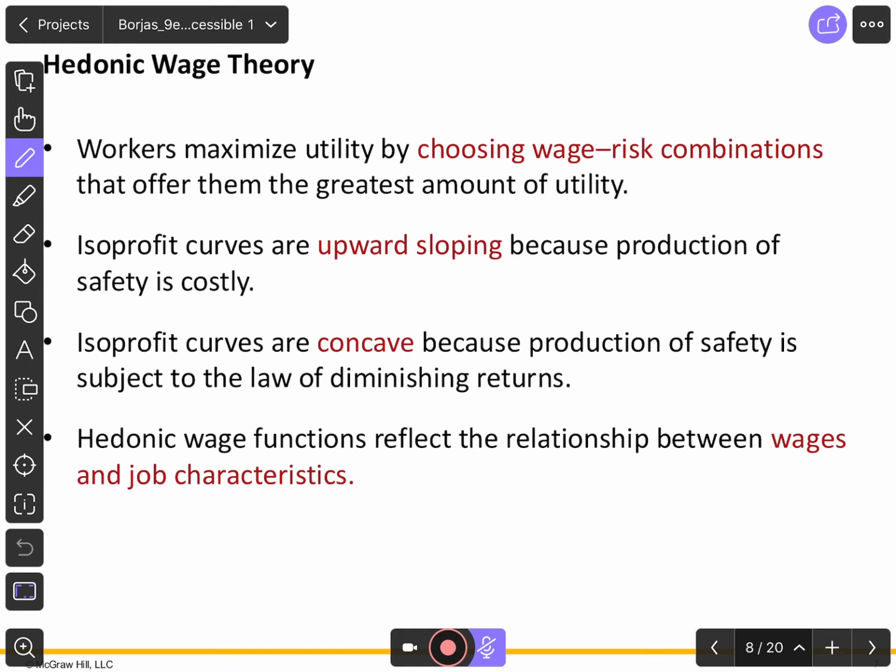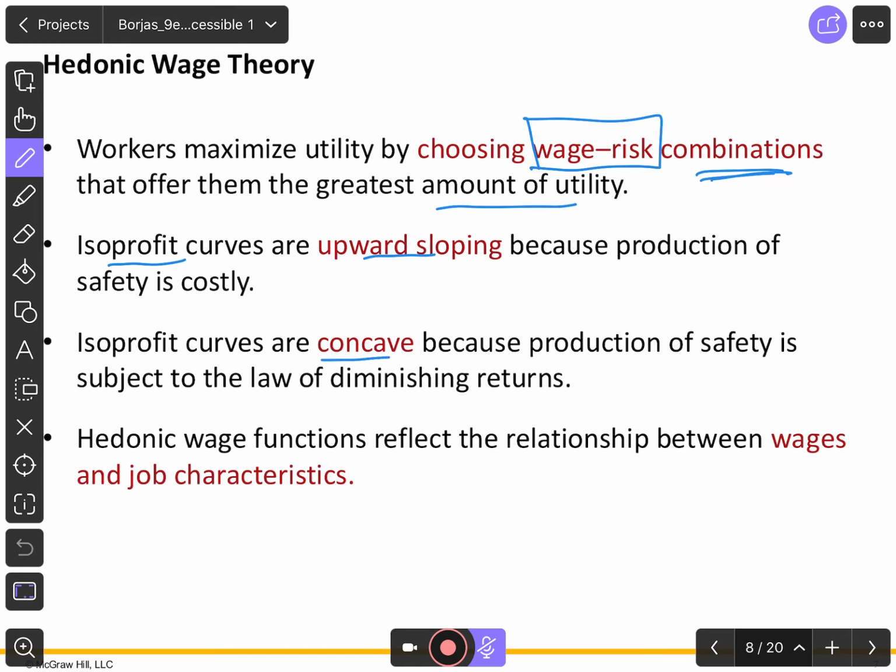Out of the previous slides, we can think of wage and risk as two goods, where we can find a combination between them that achieves the highest amount of utility for the worker. We are also going to talk about iso-profit curves, which are upward sloping, and again it's between hiring workers and the risky environment.